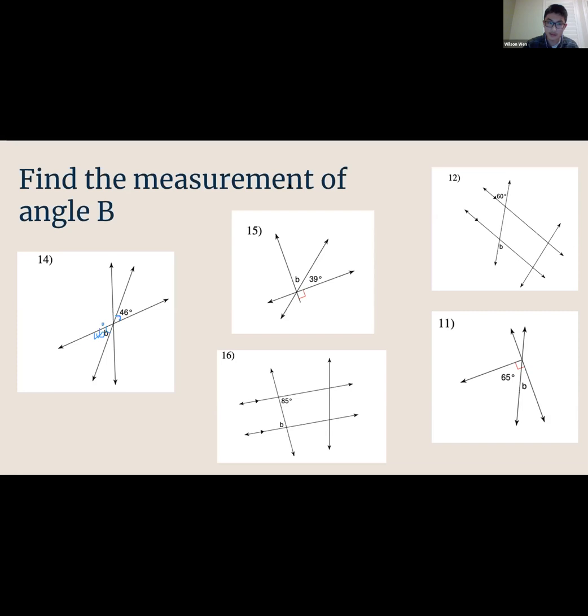And then we can get that angle B is equal to 85 degrees. Cool. Okay, so let's move on.